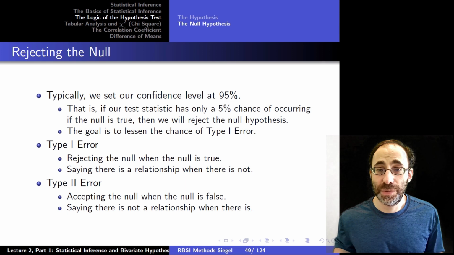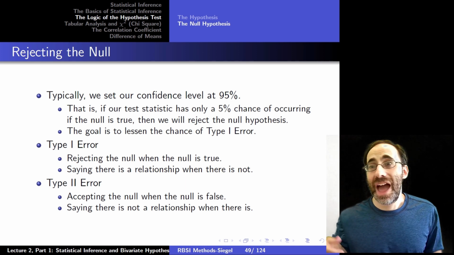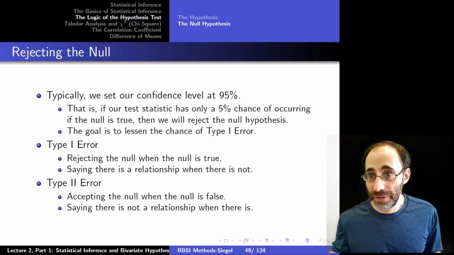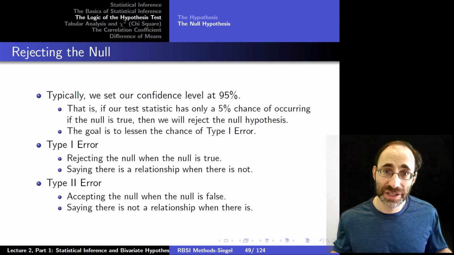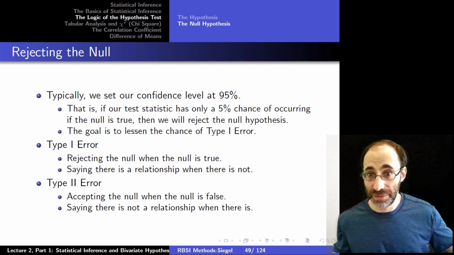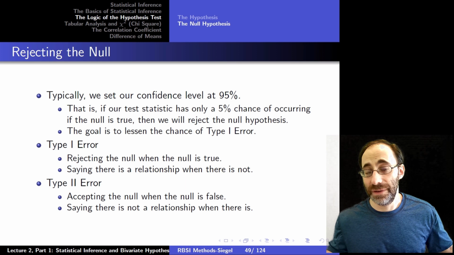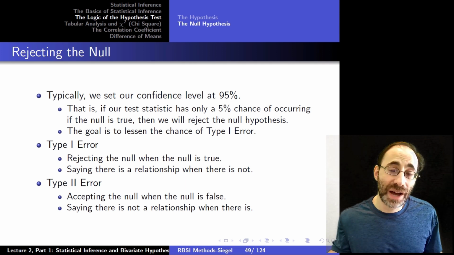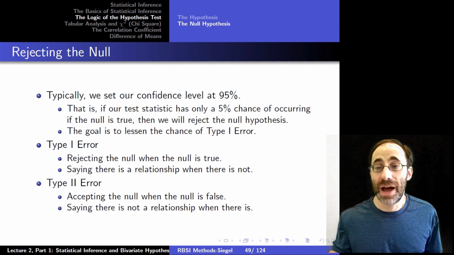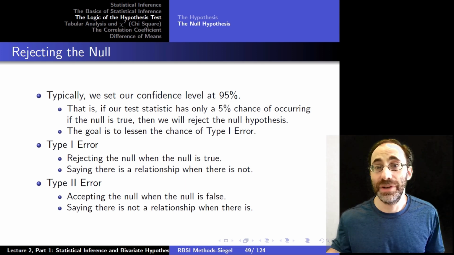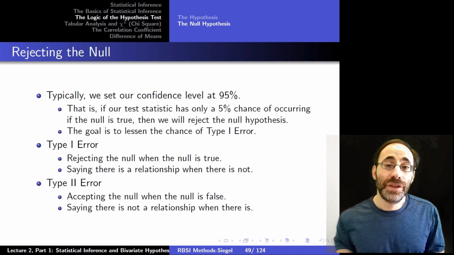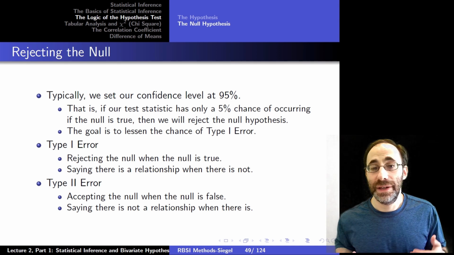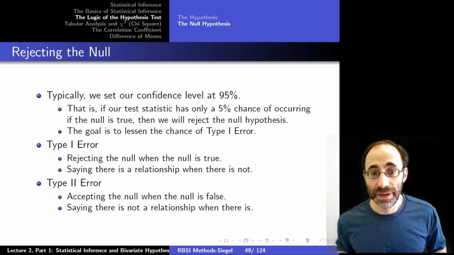So if the samples you drew produced the outcomes they produced and only had a 5% chance of doing so conditional on the null hypothesis being true, then you reject the null. If you could have gotten the data you got at a higher probability given the null was true, you do not reject the null. The goal of all this is to reduce what we call type 1 error.